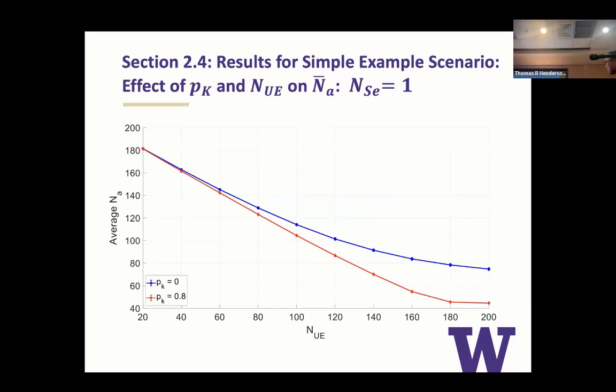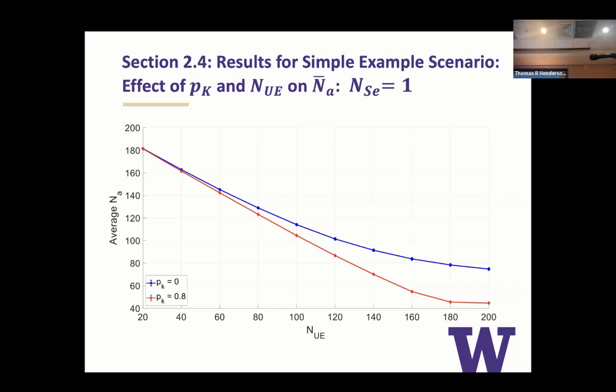So for a given NUE, the average NA with PK equal to 0 is higher than that with PK equal to 0.8.